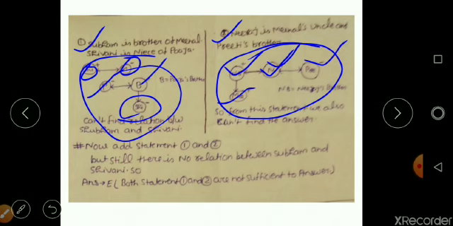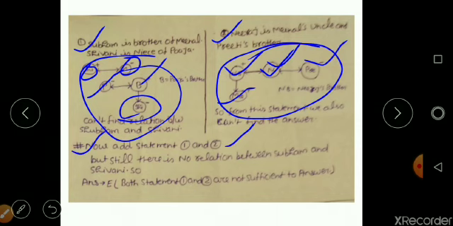Now what can we say from this diagram? We can't say anything because in this diagram Subham is not mentioned, so we can't find the relation between Subham and Shivani. Now what will we do? We will combine statement first and statement second.